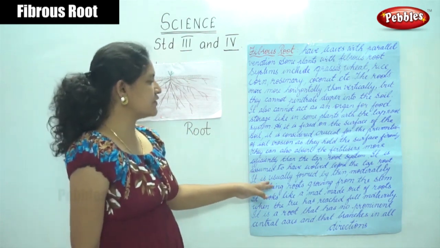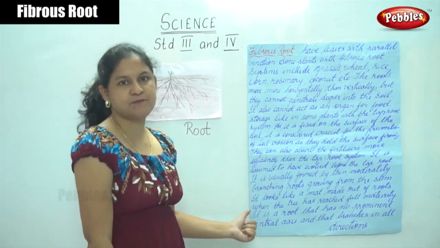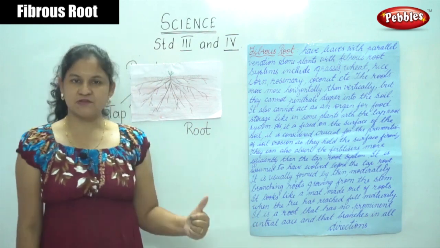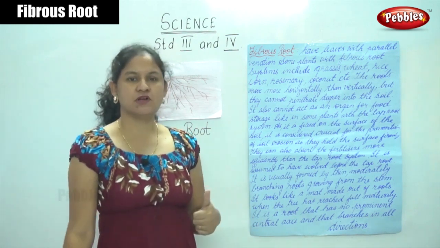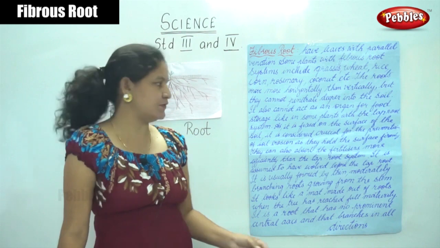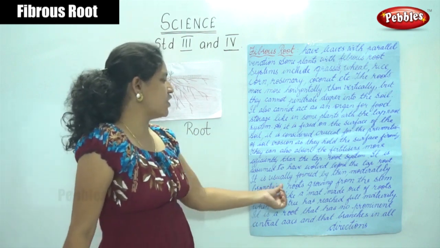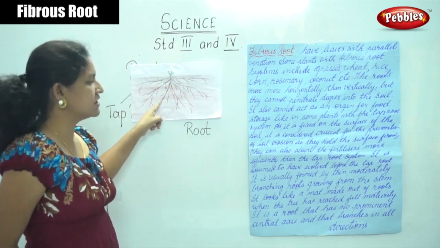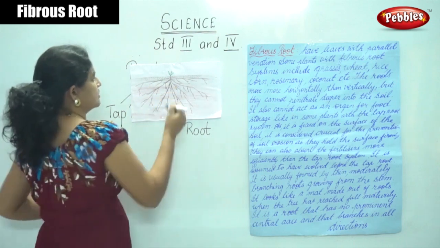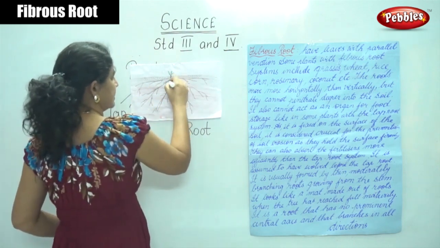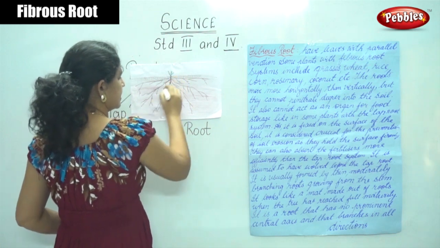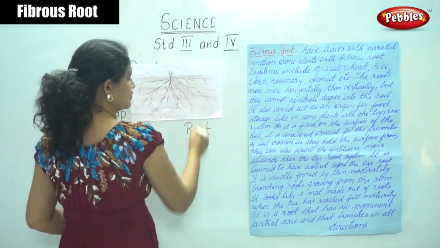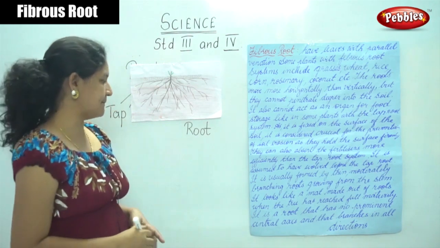It is assumed to have evolved before the taproot. It is usually formed by thin, moderately branching roots growing from the stem. So this is the stem and it has thin, moderately branching roots growing from the stem.